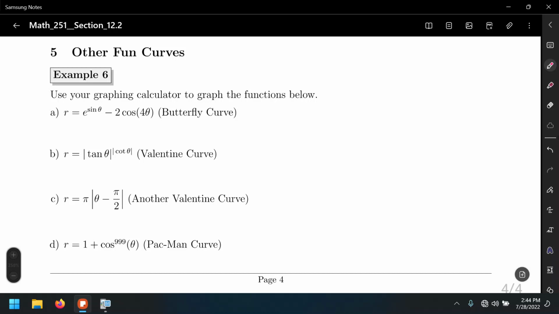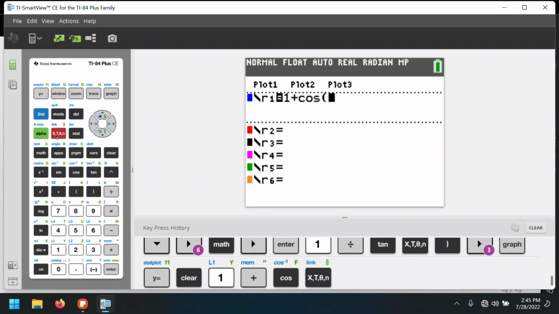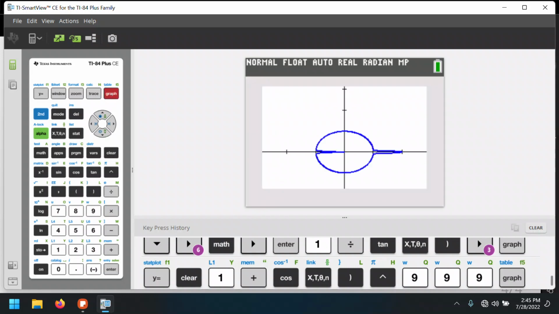There's another way to get the Valentine curve, and there's even the Pac-Man curve, so let's see the Pac-Man curve. Clear. 1 plus cosine to the 999, cosine theta, close parentheses, and raise to the 999. And graph.